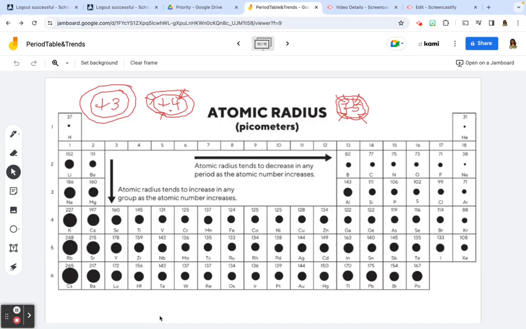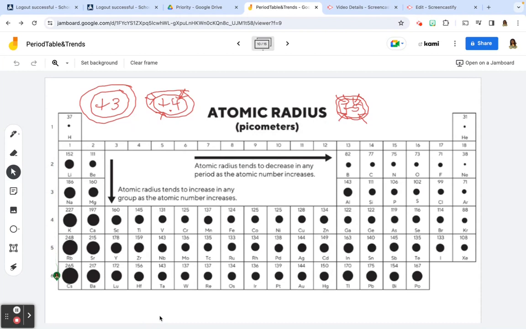So, for instance, if you look at lithium, it has 152 picometers, but sodium right underneath it in the third period has 186, and then potassium is 227. Therefore, the size of an atom is increasing as you go down a group.